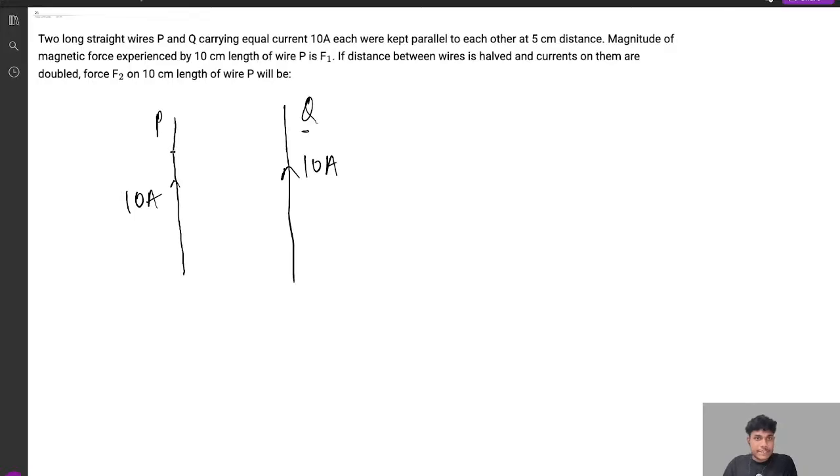Means force experienced by this portion, 10 centimeter of length, is F1.